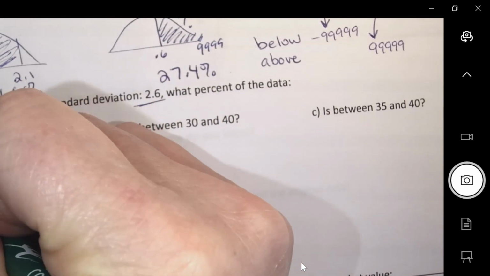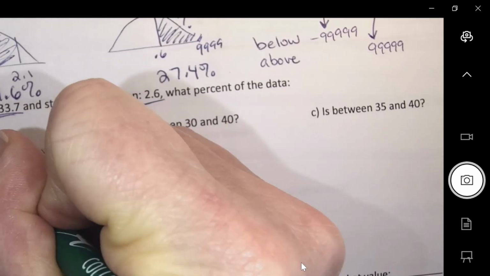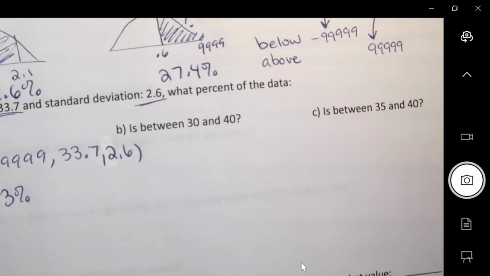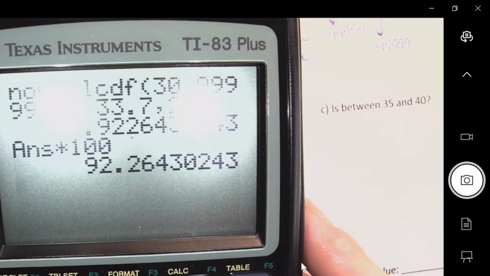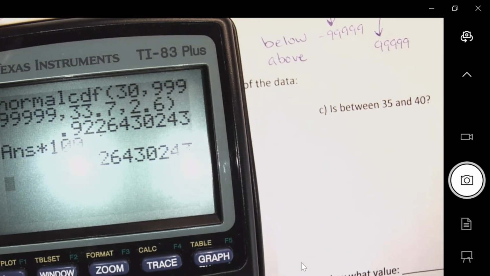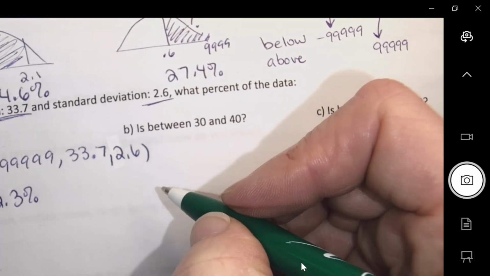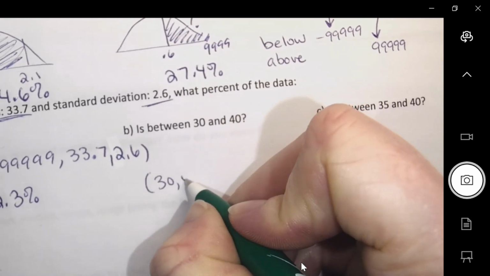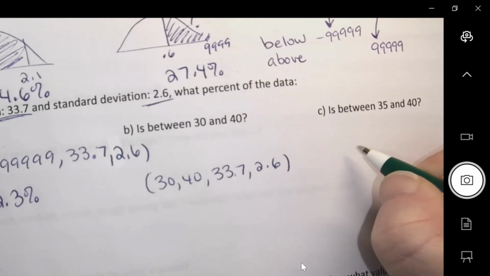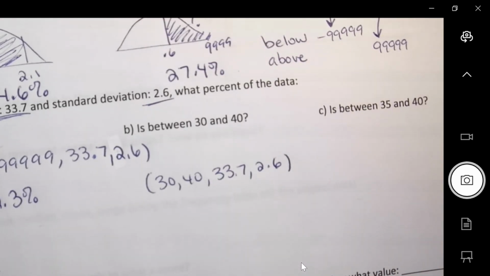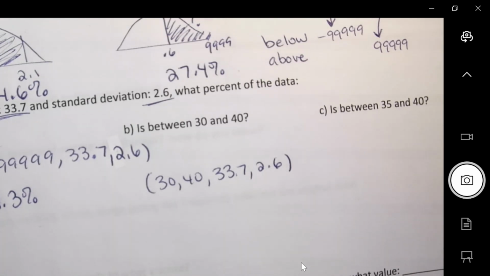Did you get 92.3? How did it go? Normal CDF, 30 to 9999s, 33.7, 2.6. It's above 30, so 30 is the lowest, and then. All right, see if you can get the last two on your own.